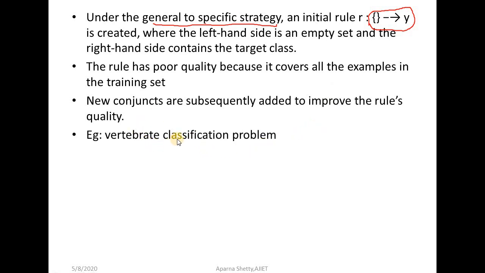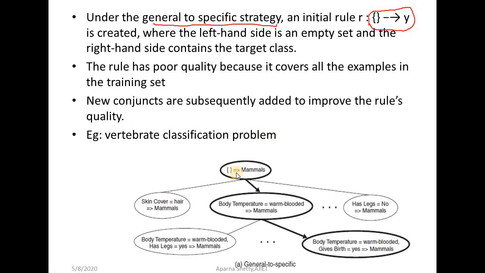Let us take this example of a vertebrate classification problem. Initially, over here, we have added a general rule, that is empty set implies mammals. This was a poor quality rule, which will classify all the records as mammals.